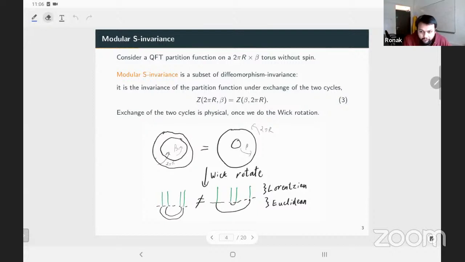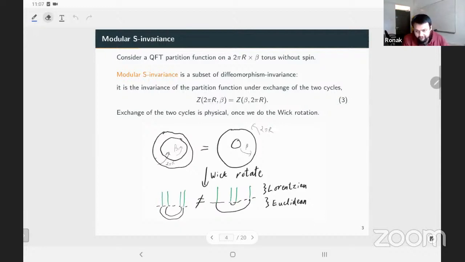But notice that when I say this is spatial and this is time, that is completely meaningless because the torus is Euclidean. I might have called the second time and the first spatial. This fact that there is no special time cycle is in some sense a symmetry of the partition function written here, and is known as modular S invariance.